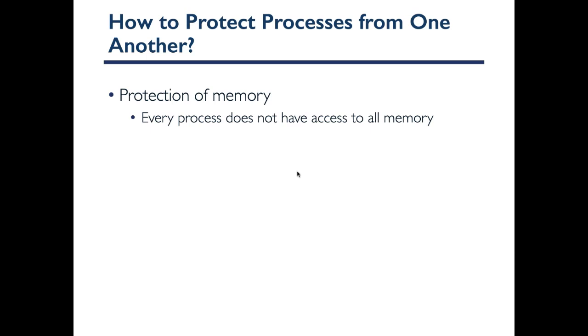So we're just seeing everything big picture, and then we'll dive into each one of these topics as the course proceeds. So we have to provide protection of memory, which usually happens by this address translation.